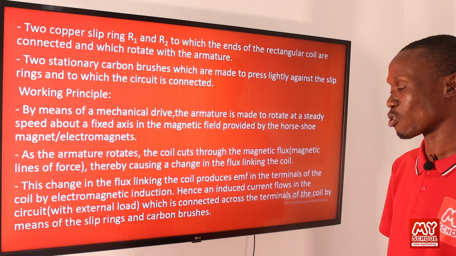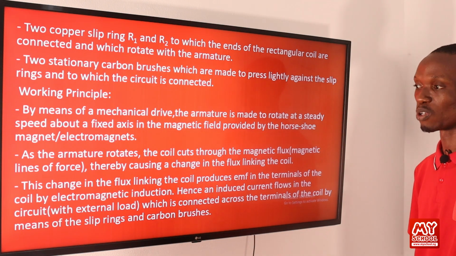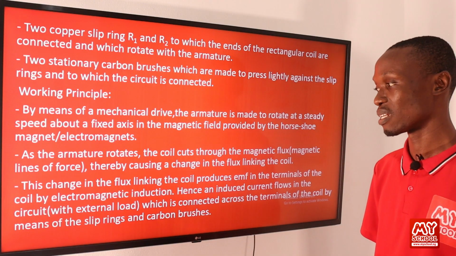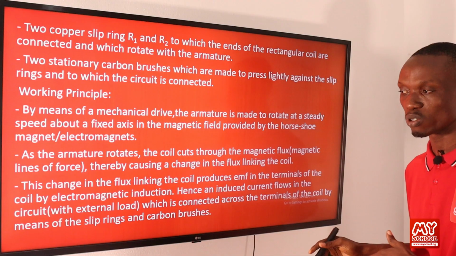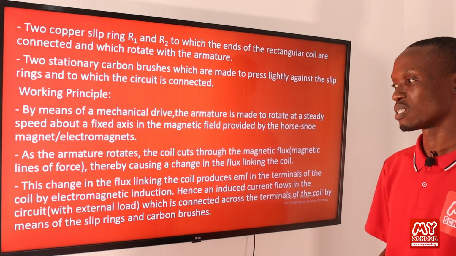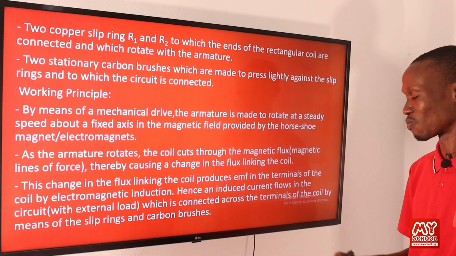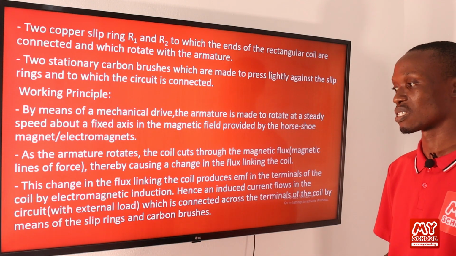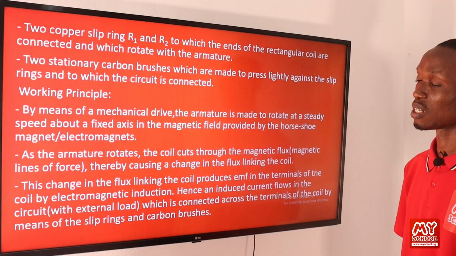This change in the flux linking the coil produces EMF in the terminals of the coil by electromagnetic induction. Hence, an induced current flows in the circuit with external load, which is connected across the terminals of the coil by means of the slip rings and carbon brushes. Let's move to the next slide.